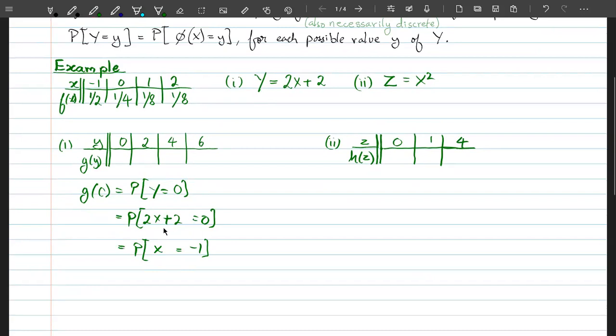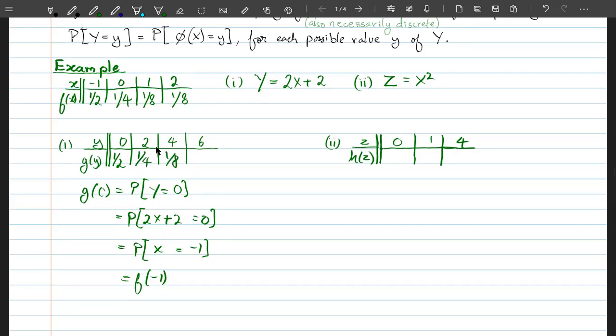Just solving this simple linear equation, x is equal to -1, and that is f of -1, right? So f of -1 is half. So that means the probability that y is equal to 0 is the same as the probability that x is equal to -1, and that is half. Similarly, y is equal to 2 if and only if x equal to 0, and that one has probability 1 by 4.